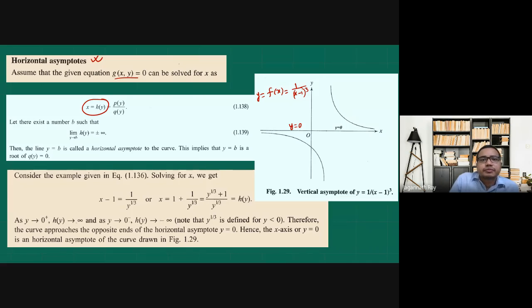So here it can be written as this function. From here you can write x minus 1 equals 1 by something. Similarly, x can be written as 1 plus that, so finally we have x equals 1 by the cube root of y plus 1.